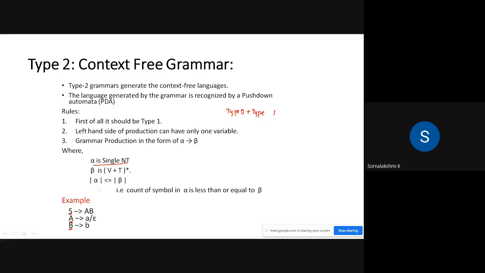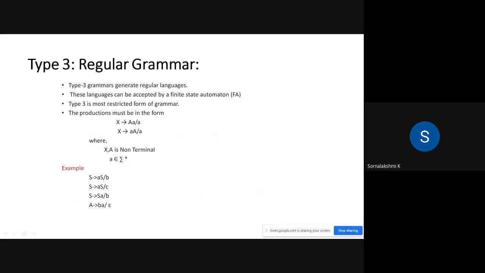It should be single. The language generated is context-free languages, and the machine is push-down automata. So this is like a finite automaton along with a memory. Imagine this to be a finite automaton along with a stack or a memory. So a single non-terminal is the additional condition in type 2. That's the only other restriction.